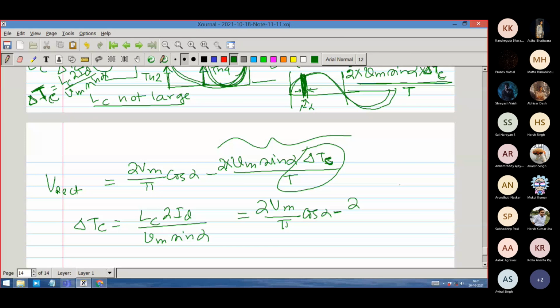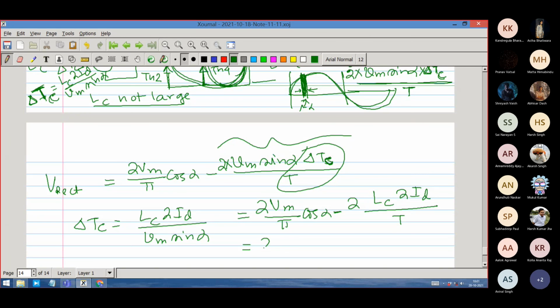So Vm sin alpha delta Tc is equal to LC into 2ID, divided by T.